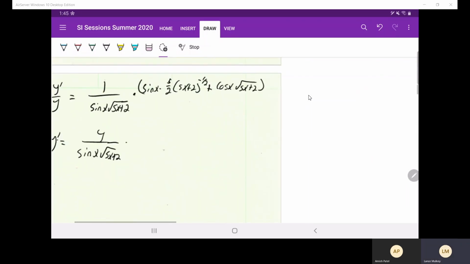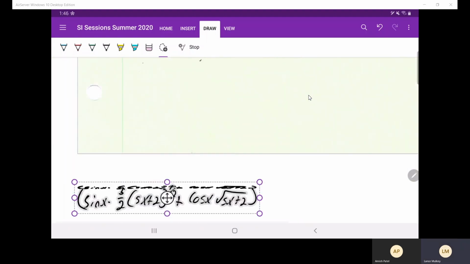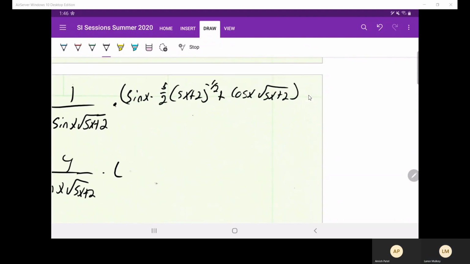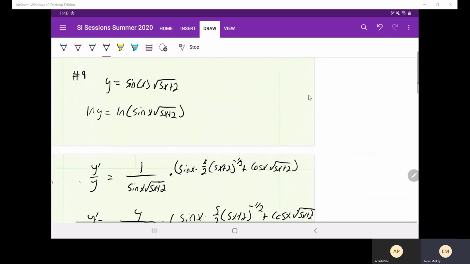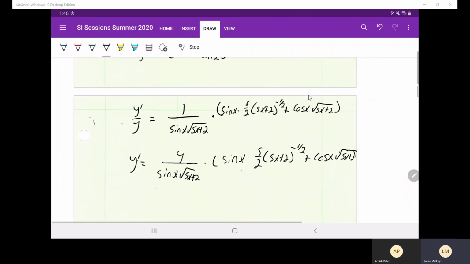I just didn't want to write it. OneNote, come on, please. Nope, I guess it's not going to work. Okay. All right. So we have that. We know what y equals. y equals sine of x over square root of 5x plus 2.